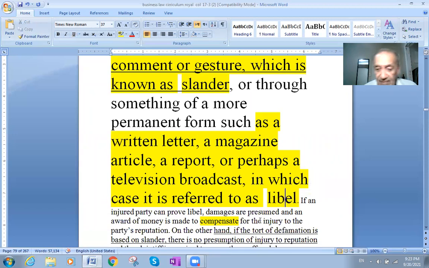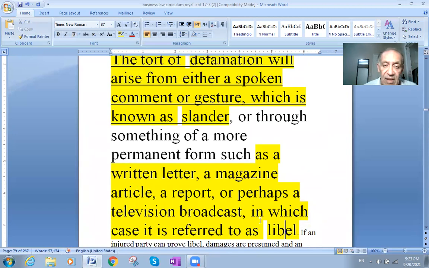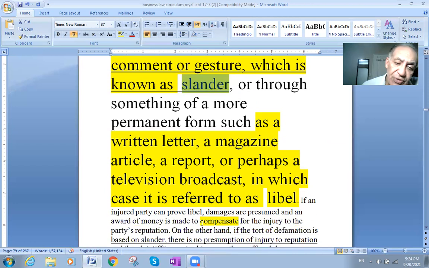Again, I would say, if the tort was done verbally, by the mouth, said by spoken words, then we call this slander. But if this tort was written, a written letter, then we call this libel.